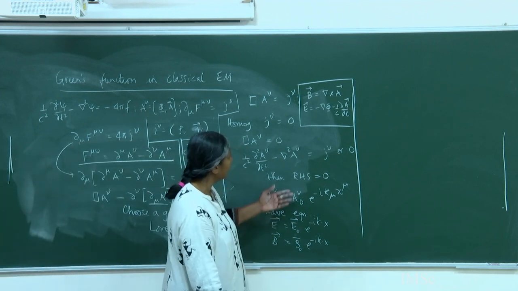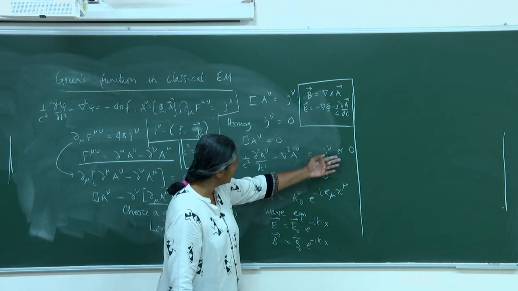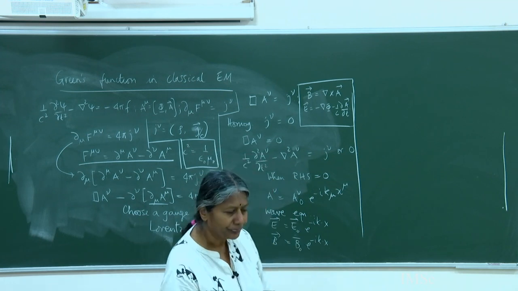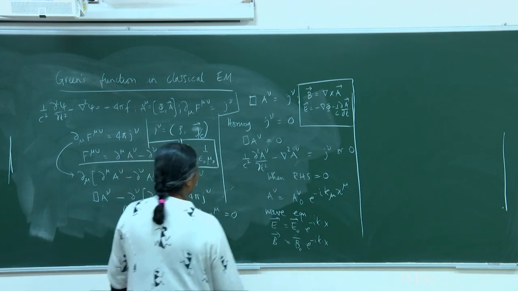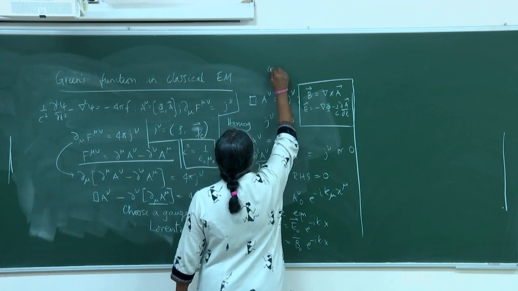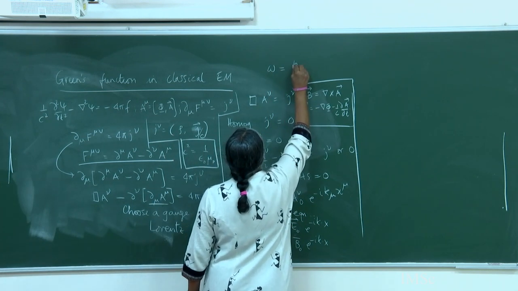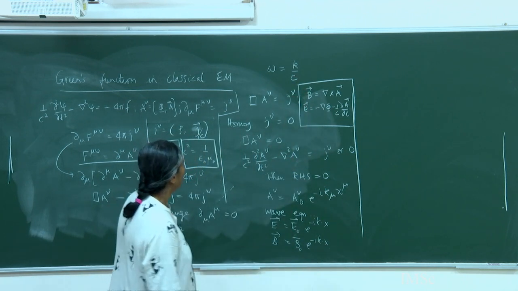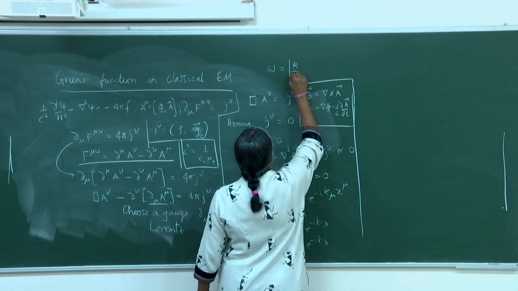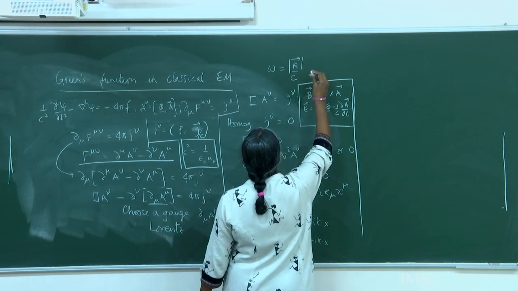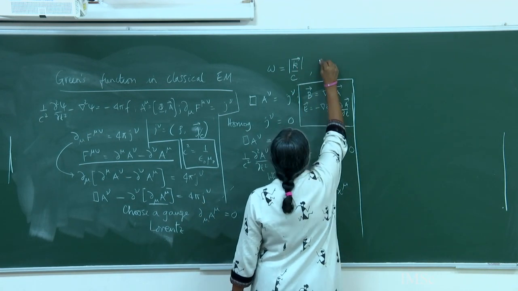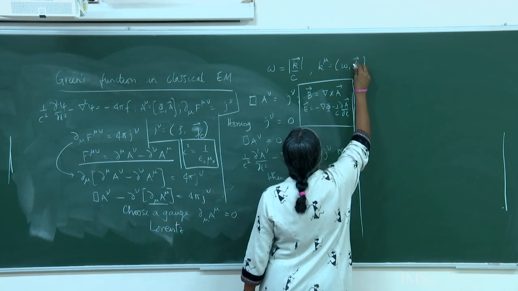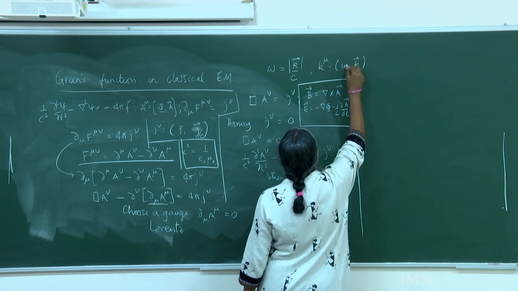All I am saying is that the homogeneous equation solves to a wave equation. That is why the electromagnetic field is a wave, and here you have omega equal to k by c. So if I write k mu is equal to omega, c k, I don't know where the c comes.